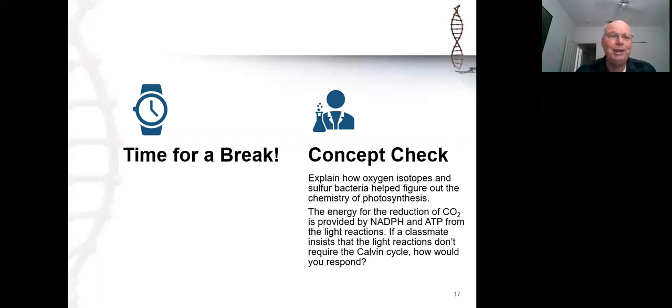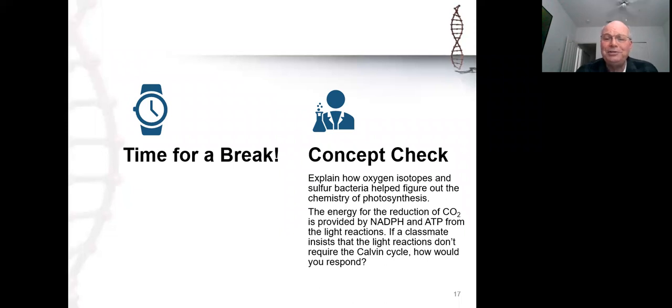Therefore, water must also be a product because it's a product of the sulfur bacteria action chemistry. So that's the role of the sulfur bacteria and the oxygen isotope studies in figuring out the chemistry of photosynthesis.